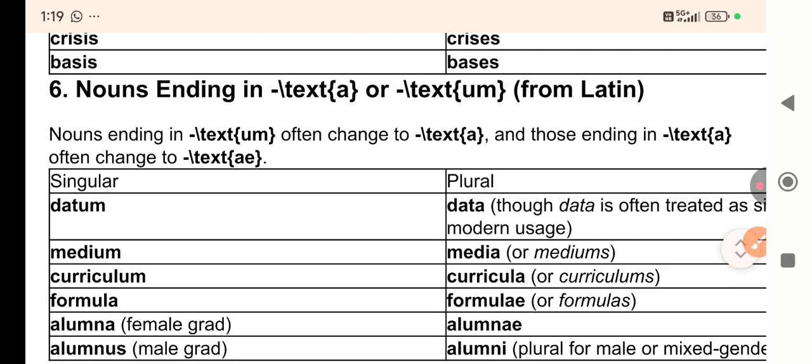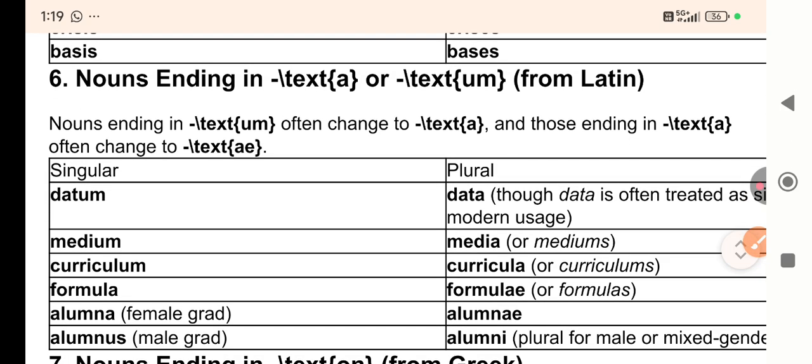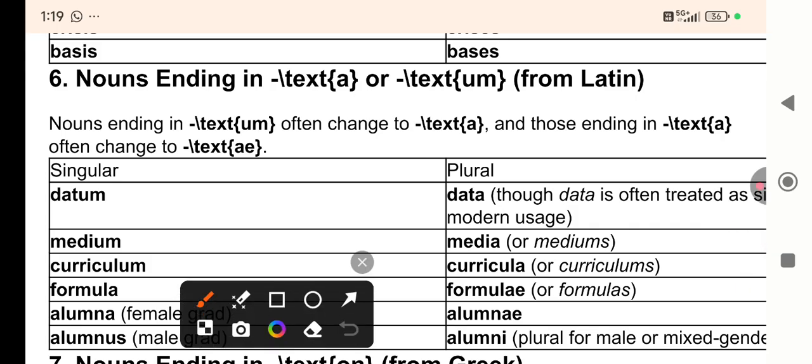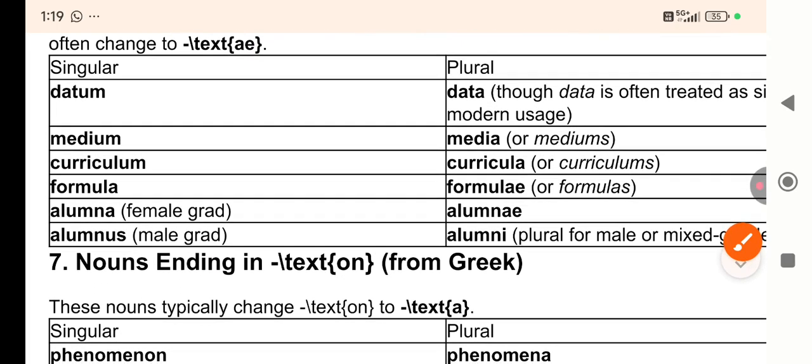Then the next, the sixth one, is very different. Nouns ending in um become a. How? Let's see.